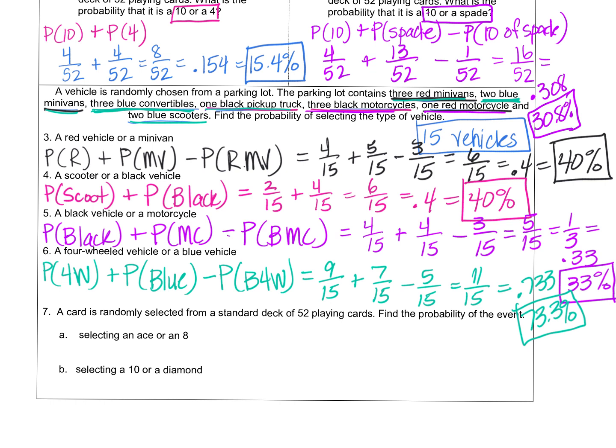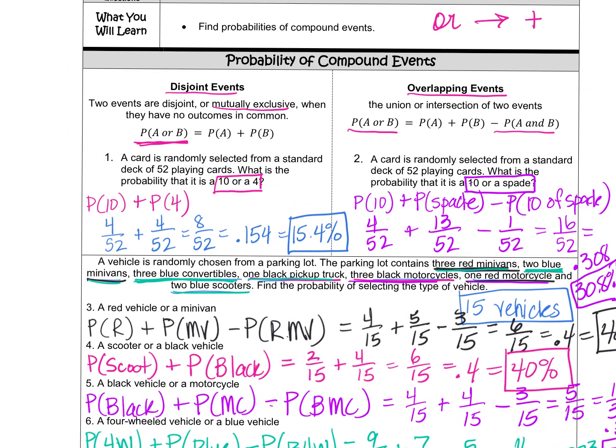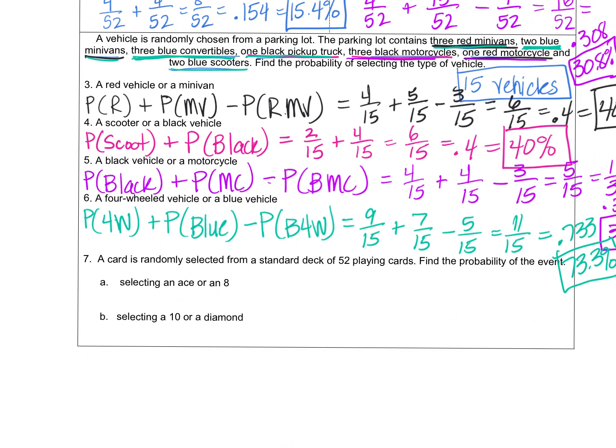This number 7 is exactly the same as the one we did above. There's only 4 aces. There's only 4 8s. So it's going to be exactly like 10 and 4. So you're going to have the probability of an ace plus the probability of an 8. There's no overlap because 8 and ace are their own cards. They're not suits.